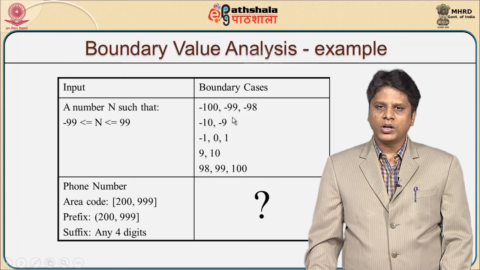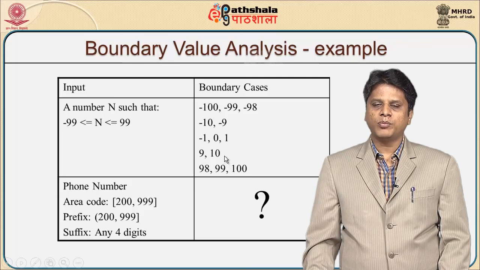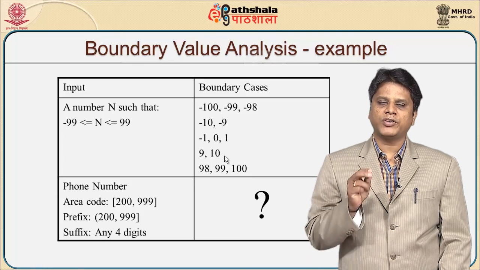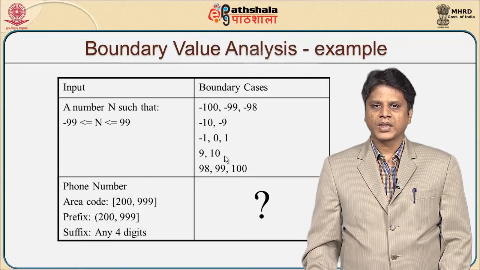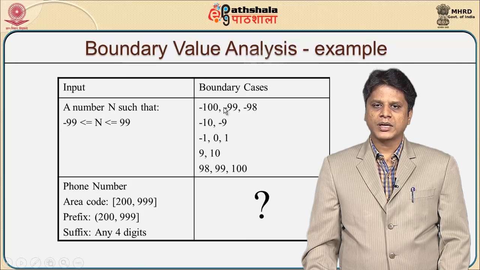If you look at all the 5 test cases, these 3 test cases are pretty well within the limit, but how does it perform when it comes to the same number that we have been mentioning earlier? These are the exact boundary cases that we may wish to perform, say minus 100, minus 99, minus 98.